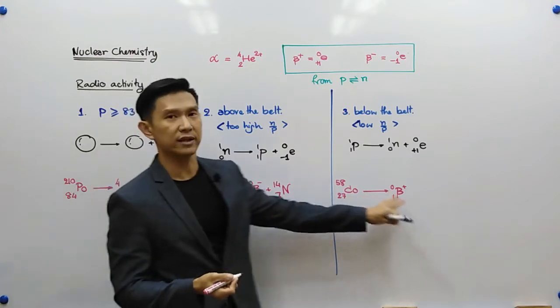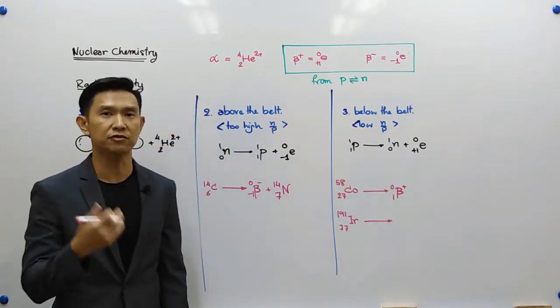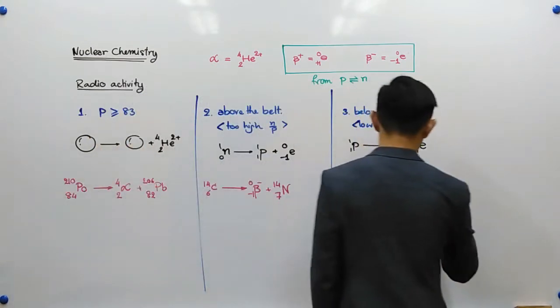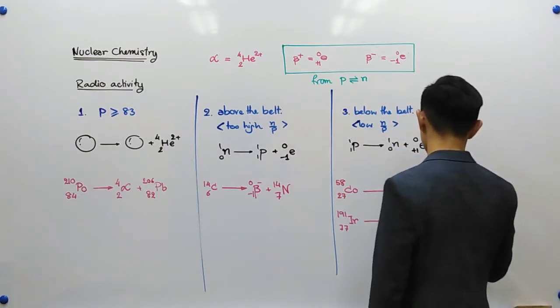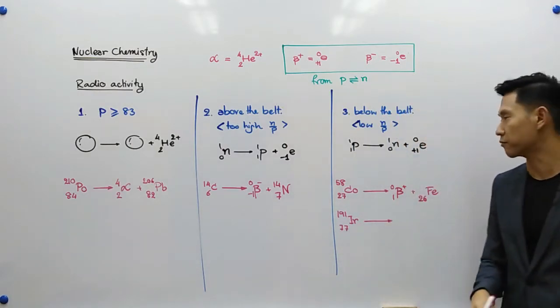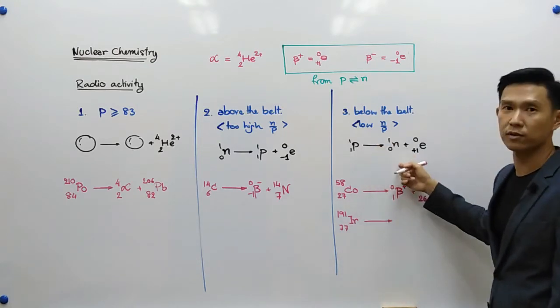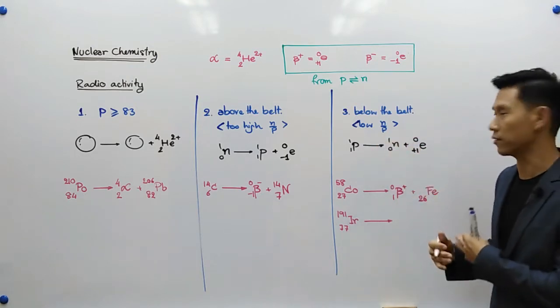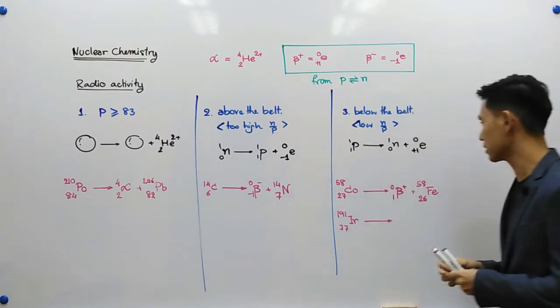If you create a beta plus by transforming a proton into a neutron, the number of protons is decreased by 1 unit from 27 to 26, and 26 is iron, Fe, ferrum. And because a proton is transformed to a neutron, the mass is conserved. So 58. Okay, that's it.